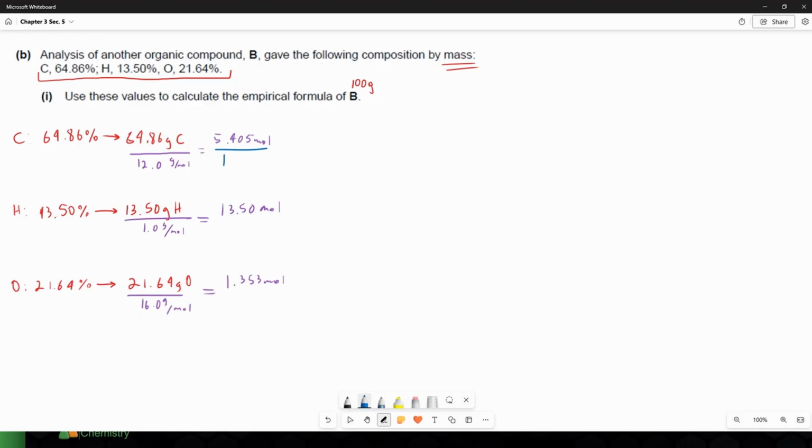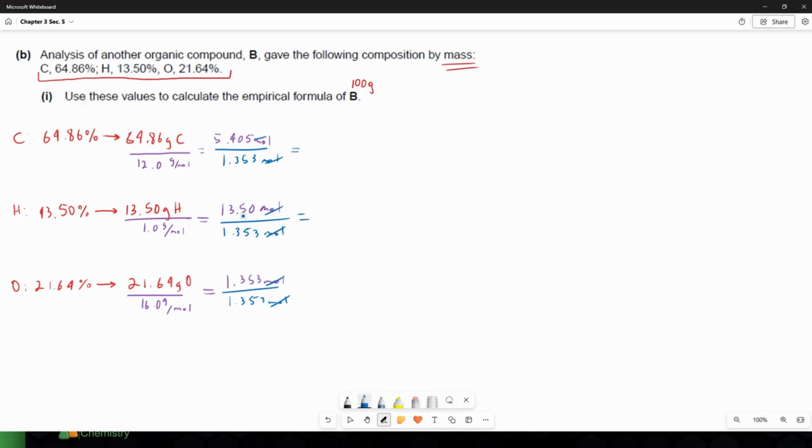So what I'm going to do is divide all of this by 1.353 moles. The moles here cancel, and what we end up with is a ratio.